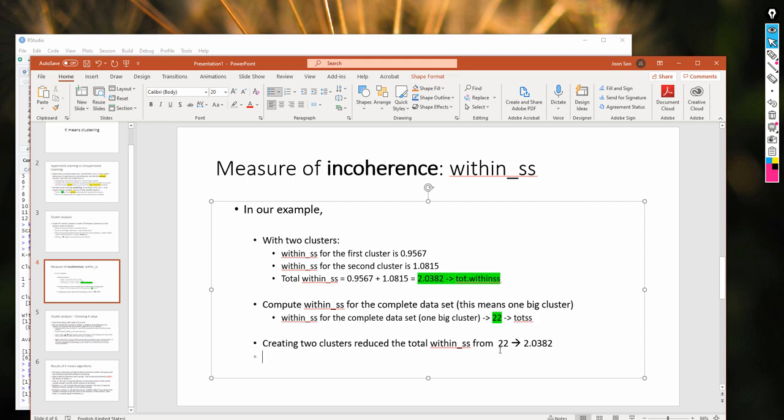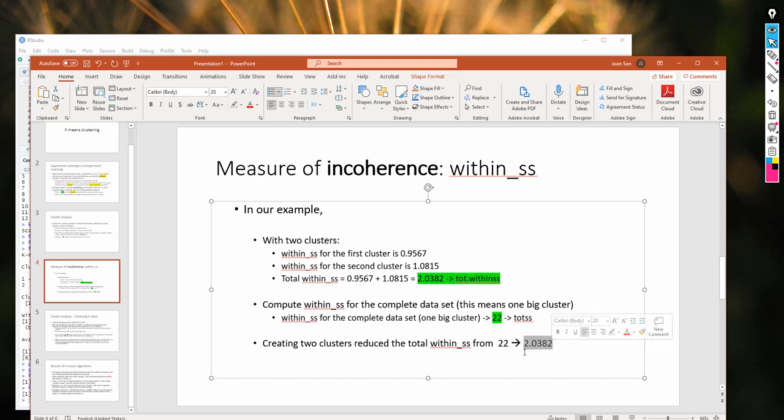Without clusters, the level of incoherence is 22, which is very high. But once you create the 2 clusters, the level of incoherence is reduced to 2.03. Please note that tot.withinss represents this number.